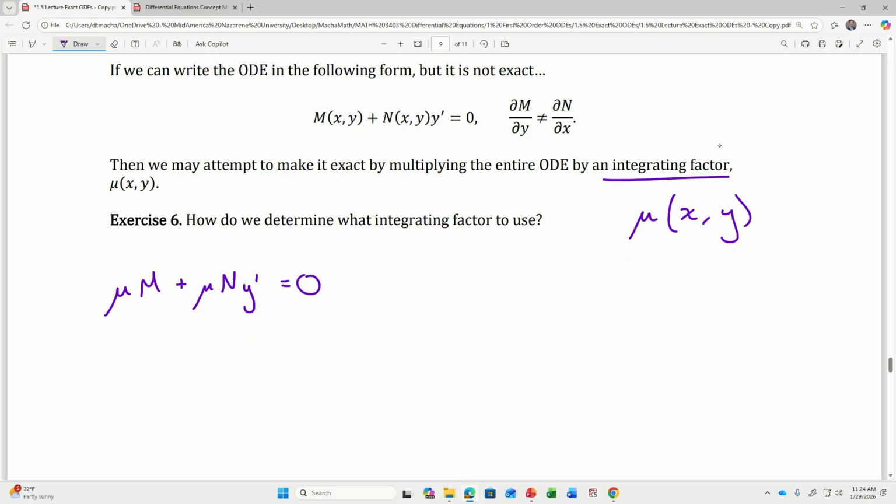And then we would say, I'm looking for a solution psi such that the partial derivative of psi with respect to y is not just equal to n anymore, it's going to be equal to mu times n.